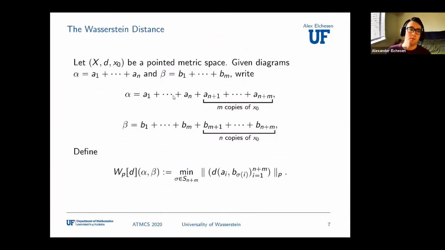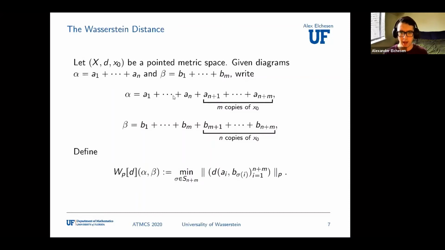Okay, so now our setting is pointed metric spaces. So given a pointed metric space, suppose we're given two diagrams, alpha and beta. So alpha and beta are just finite formal sums of points, or really, cosets of finite formal sums of points. So alpha and beta have length n and m respectively. So we're going to pad those out so that they have the same length.